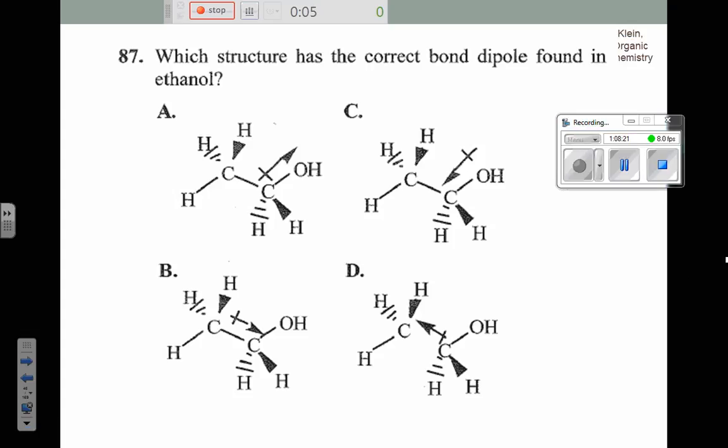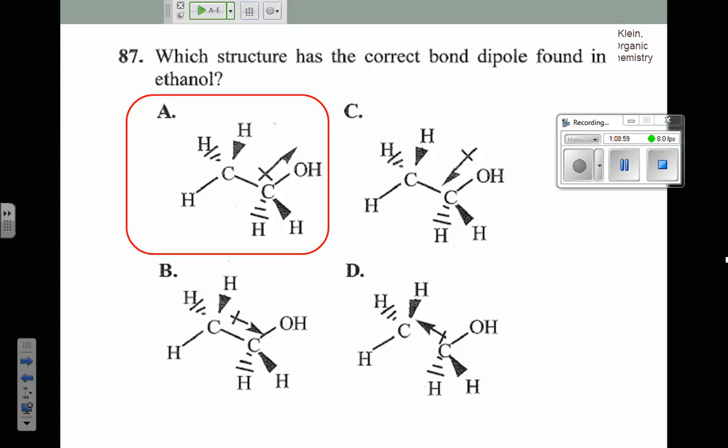In this particular question: which structure has the correct bond dipole drawn? I took these from an MCAT practice test, so it's not as clearly drawn as I'd like it to be, but with your dipole moments, both molecular and bond dipole, your base is from the more electropositive atom, and your arrow is always pointing towards the more electronegative atom.